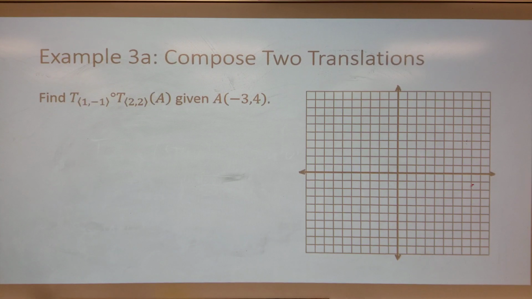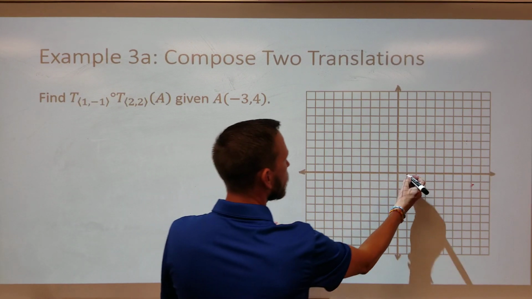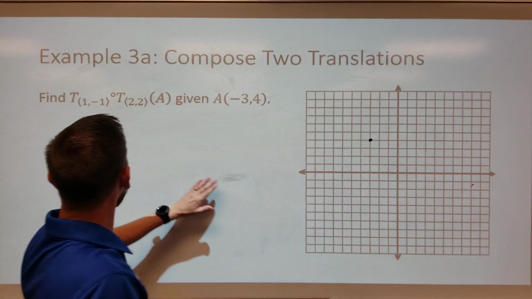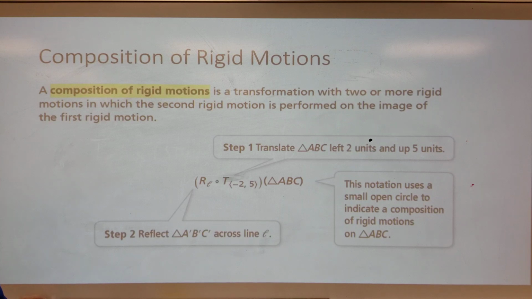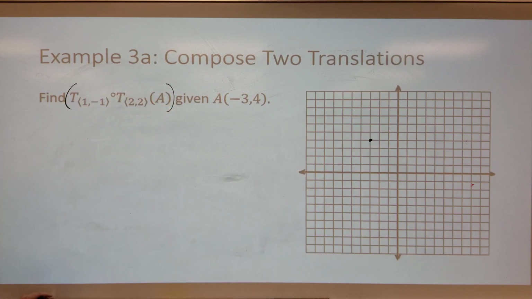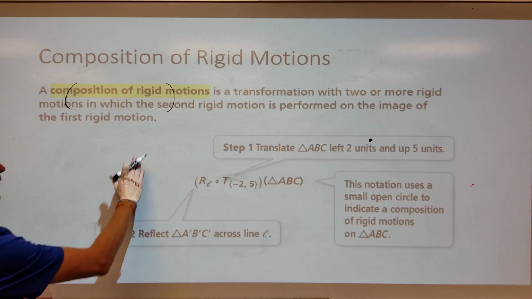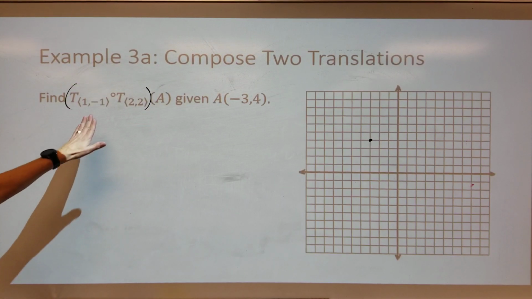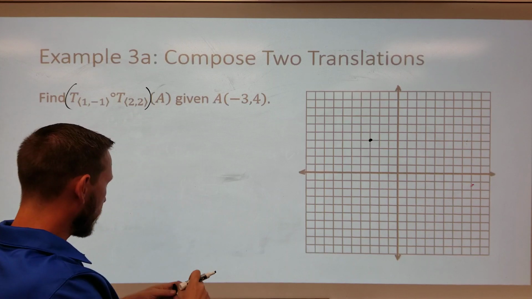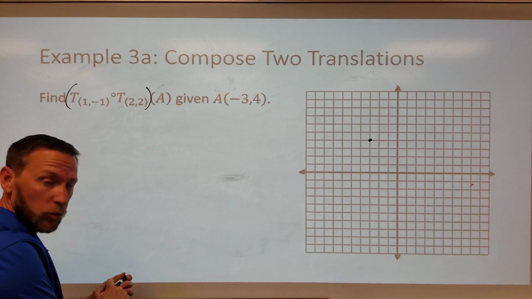So here in this case, I've got point A, which is located at (-3, 4). And we are going to do a double translation. So first, we're going to move this, and I'm going to do this first one in red and then the next one in blue.